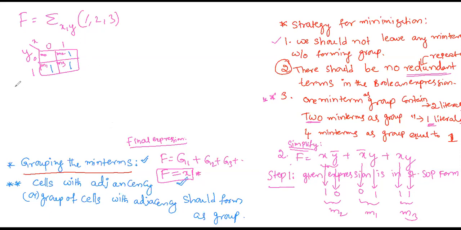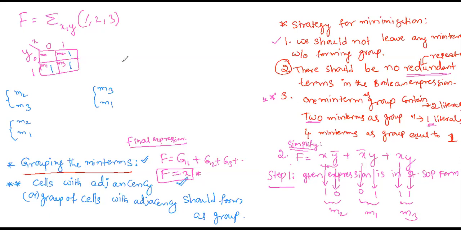Check whether M2, M3 are adjacent or not. Next M2, M1. Next M3, M1. What are the possible combinations? First combination is M2, M3, then M2, M1, then M1, M3. If you find any possible combination, you can write it.